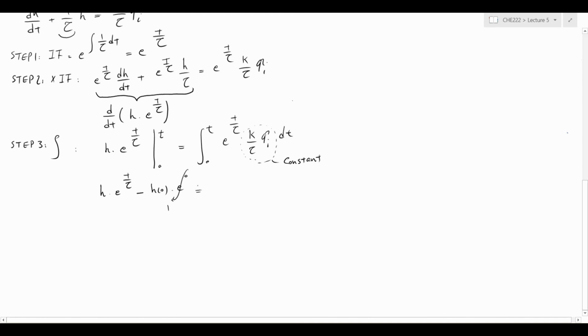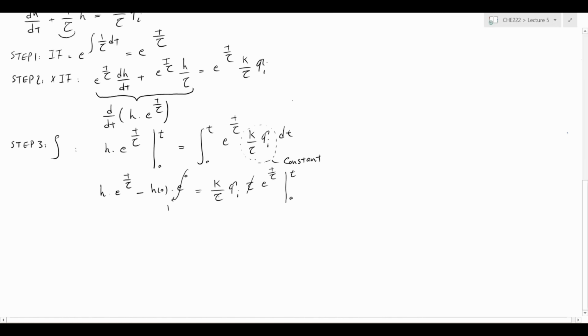It is equal to, after factoring out the constant part k/tau times qi, the integral of e^(t/tau) dt, which is tau times e^(t/tau), evaluated from 0 to t.